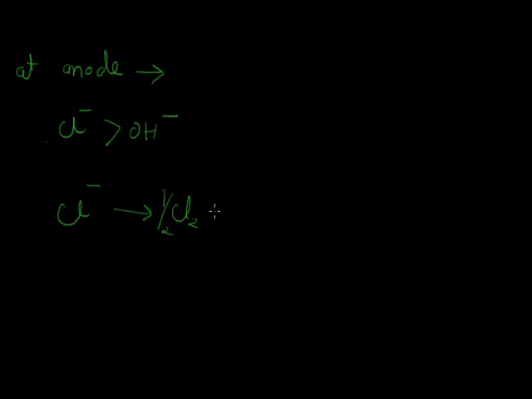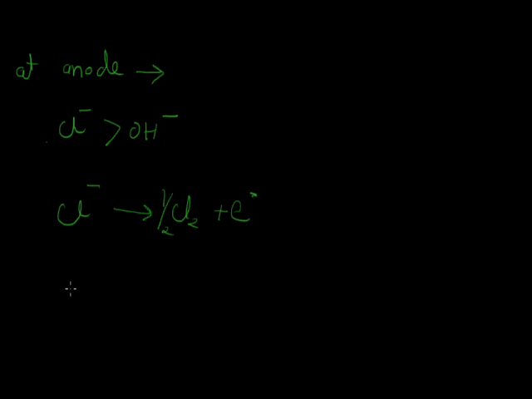At the anode, there are two types of negative ions, OH- and Cl-, but the speed of Cl- is faster than OH-. So the Cl- ion first reaches the anode and, by losing its electron, is converted into Cl2 gas, and OH- ions remain in the solution.